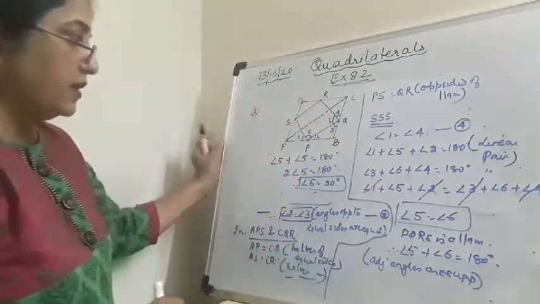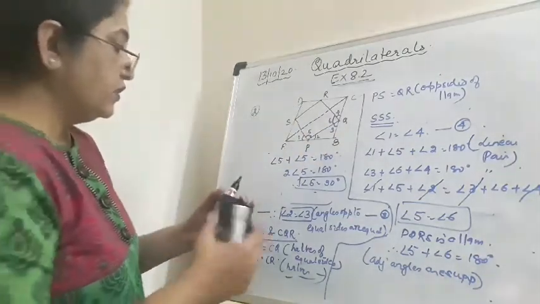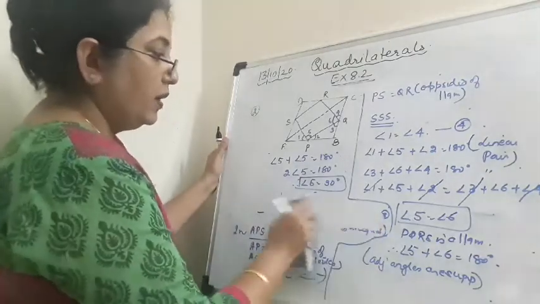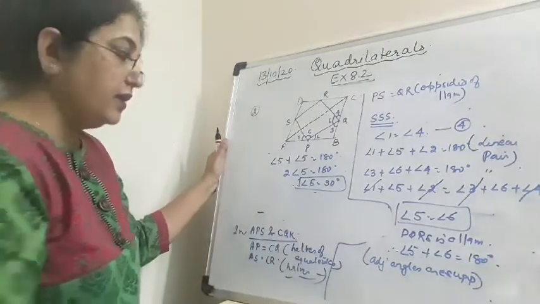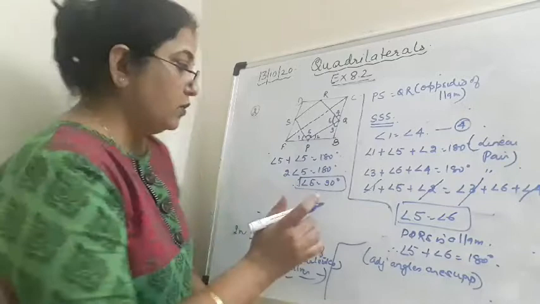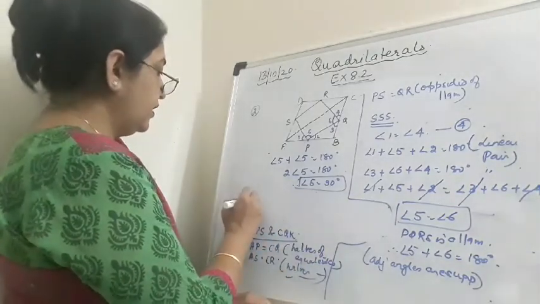So, now we know that PQRS is a parallelogram. So, the final statement will be, now since PQRS is a parallelogram with one angle equal to 90 degrees, therefore PQRS is a rectangle. Now write since, not therefore.